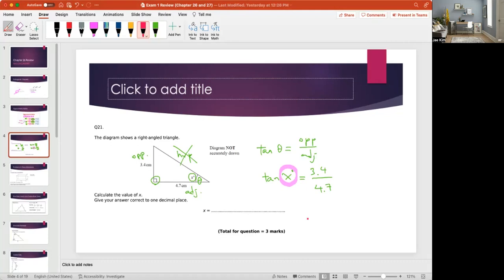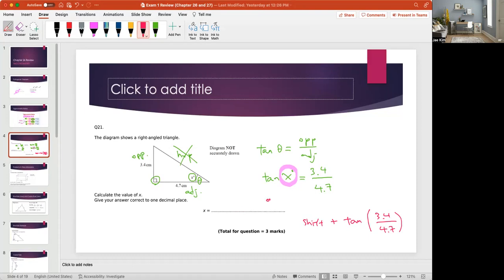So on your calculator, you must press shift and then tangent. And we would use parentheses: 3.4 divided by 4.7, close parentheses, and enter, and you will get an answer here in degree format.